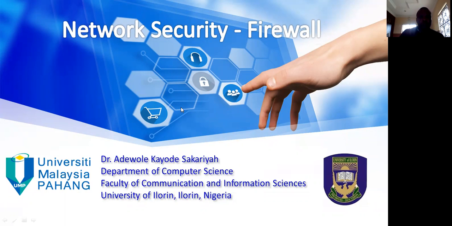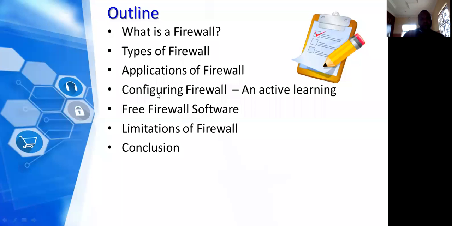Today we shall be discussing the following. So we'll talk about what is a firewall in this unit. We'll talk about the types of firewall, the applications of firewall, configuring firewall, where we are going to look at an active learning approach.